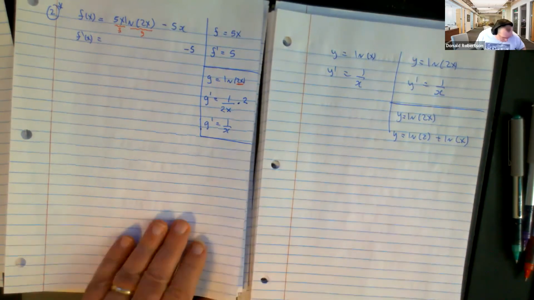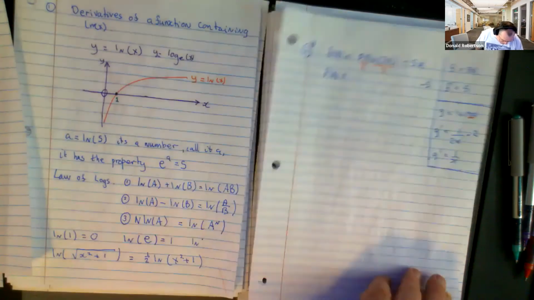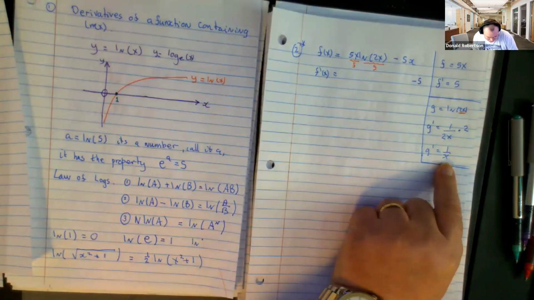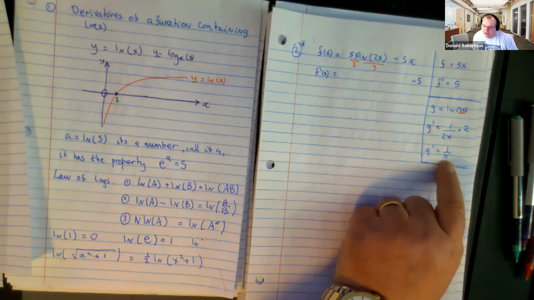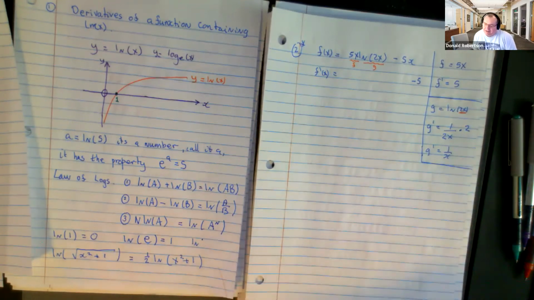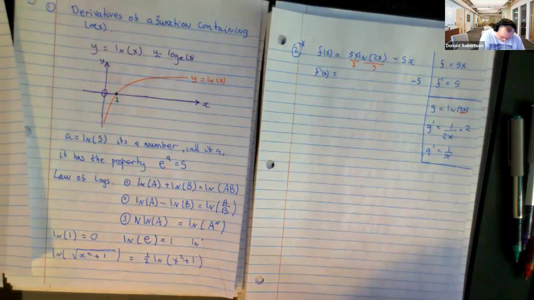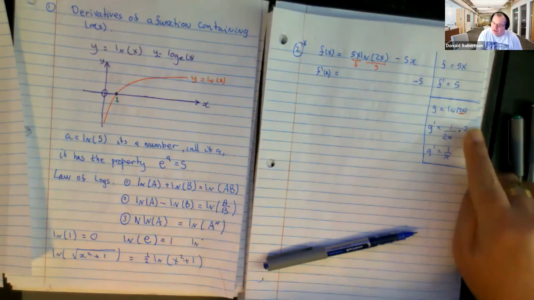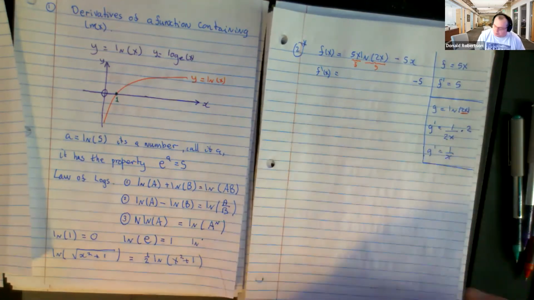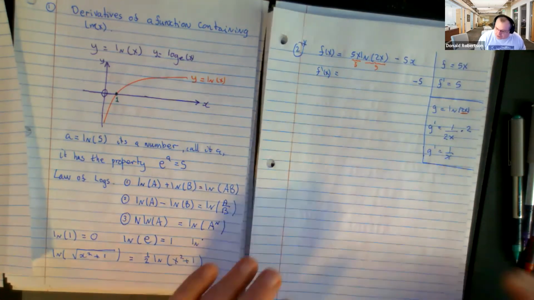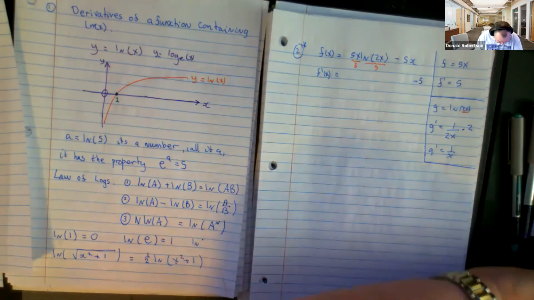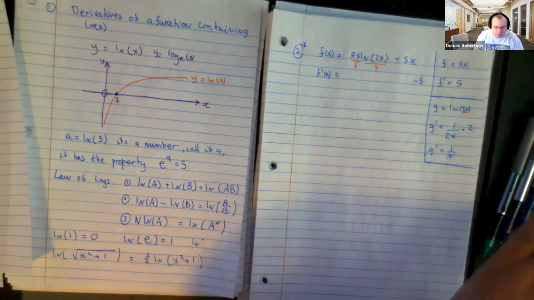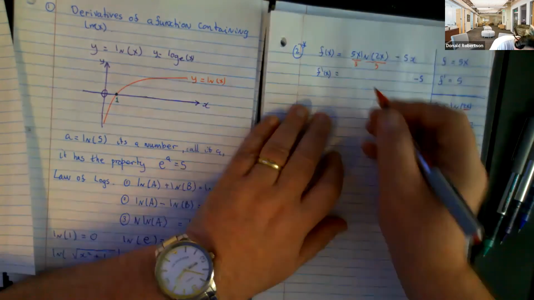So you sometimes will get weird answers with logs, and you might want to think, I made a mistake. You might think 1 over x is wrong, and you change it so it looks right in your brain. Like you just leave it as 1 over 2x. Or I don't know, you stick a 2 in the top, but you do something to it. You just got to trust the math. If the math says that it's equal to 1 over x, it's equal to 1 over x.